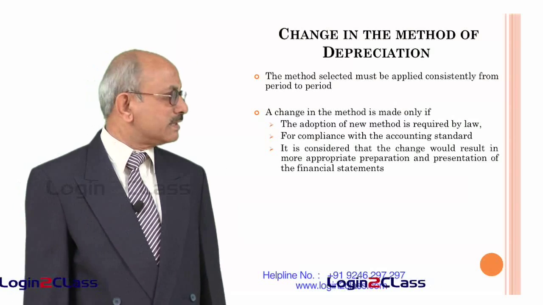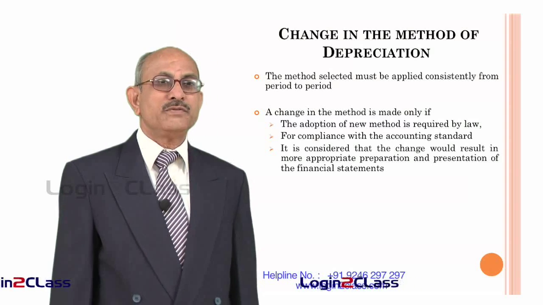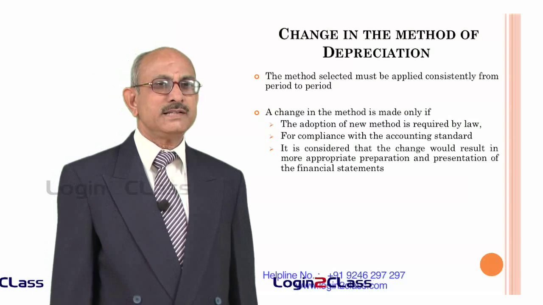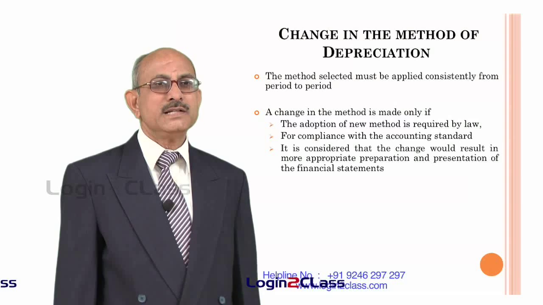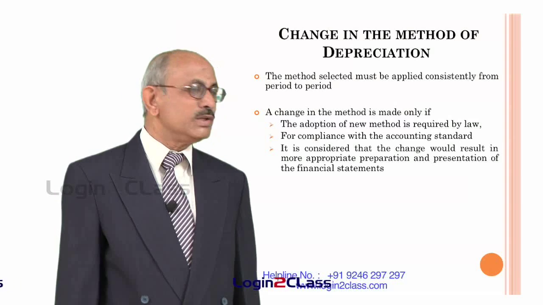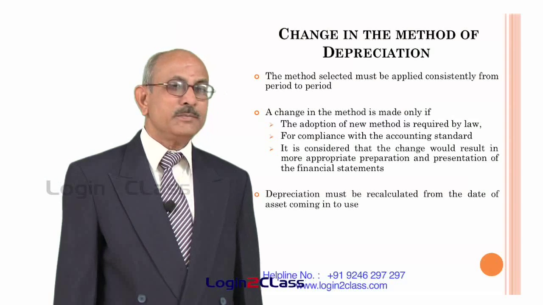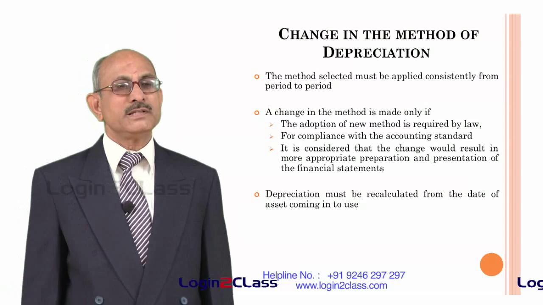Because of the changed circumstances and scenario, the entity may find that a different method is more appropriate for the entity. In such a case, they have to justify the change in the method of depreciation, and that can be changed. And what they have to do is, if the change has to be done, then they have to calculate the depreciation from the date of asset coming into existence on the basis of the new method.